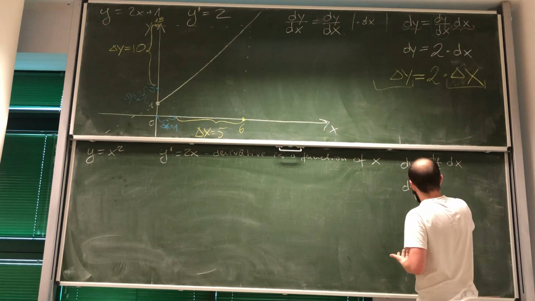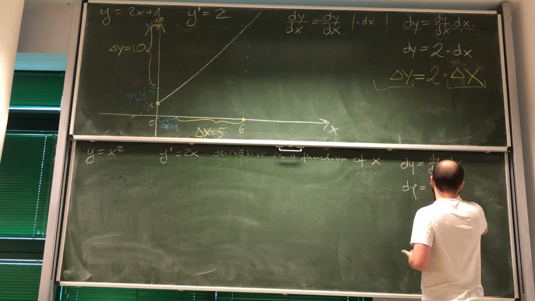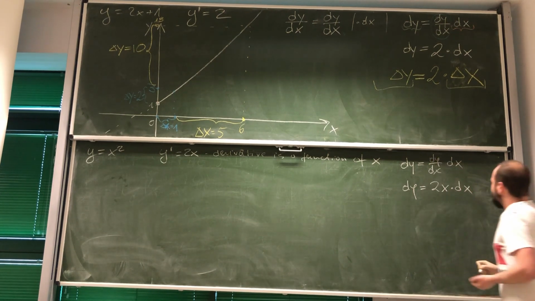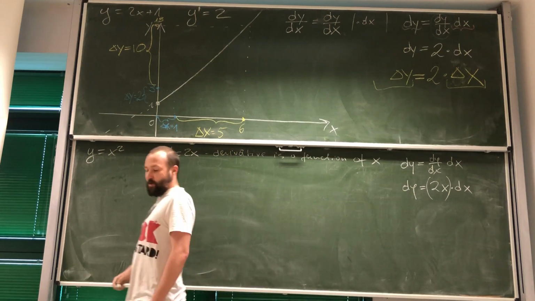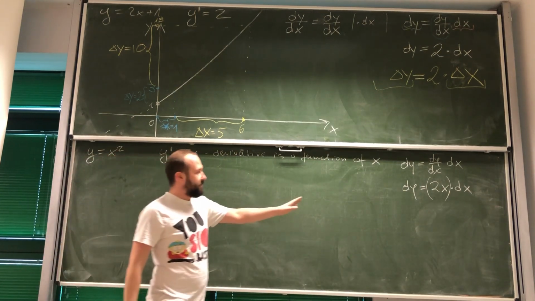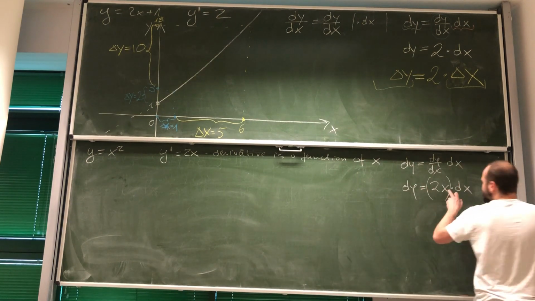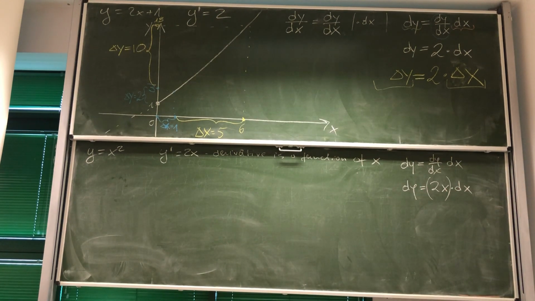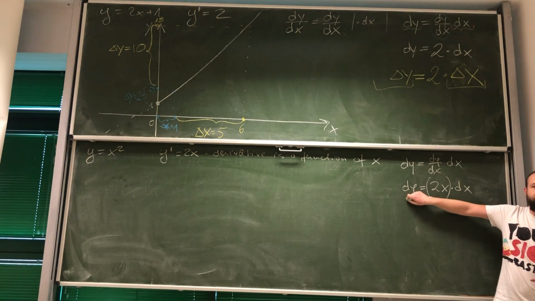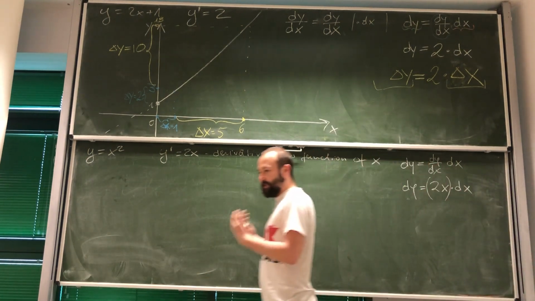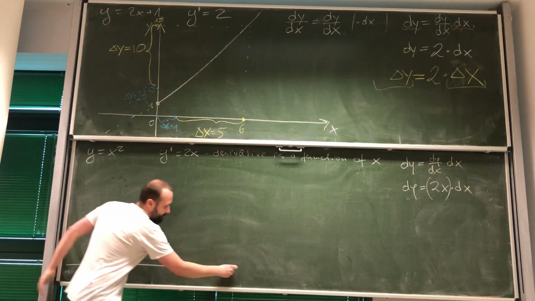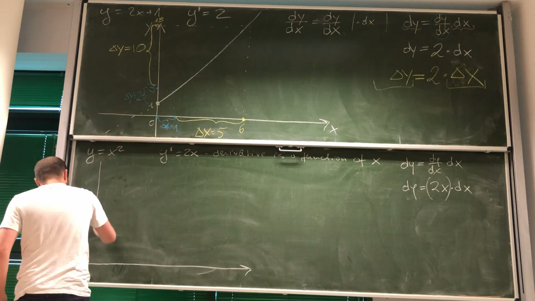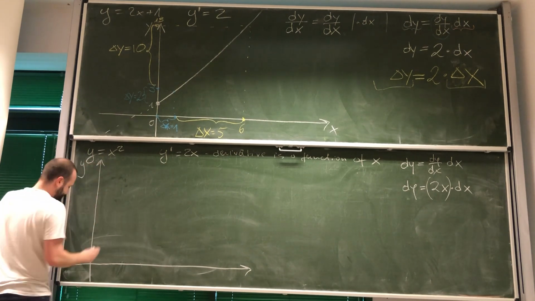So dy, in our case, is equal to 2x dx. Okay, look, those two expressions are fundamentally different. Why? Because here, depending on what is the initial value of x, the value of the differential is going to be different. Again, let's see it on the graph. Okay, now I'm going to draw a parabola. So y equals x squared.